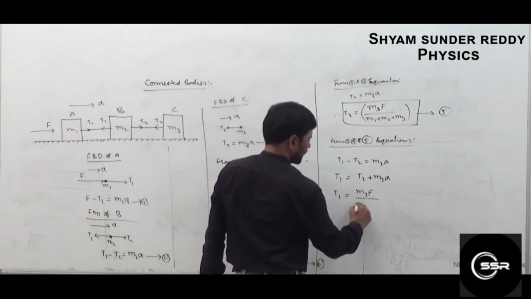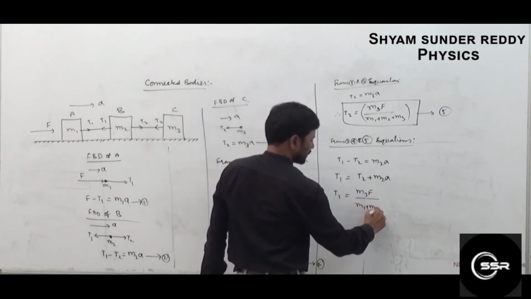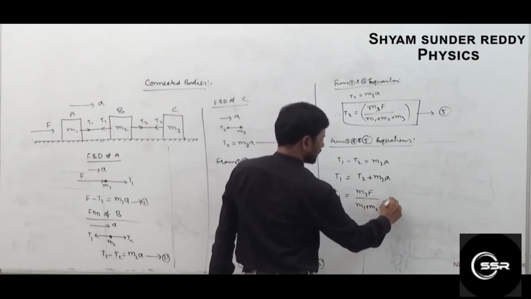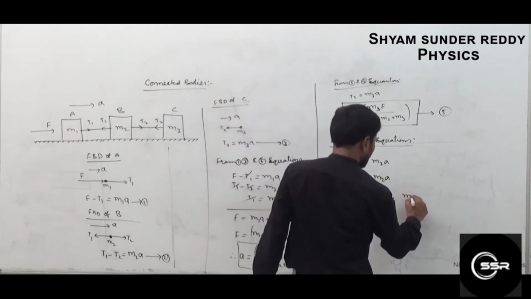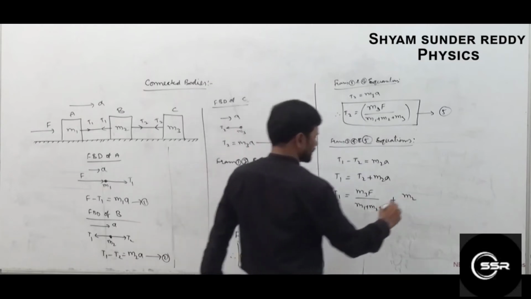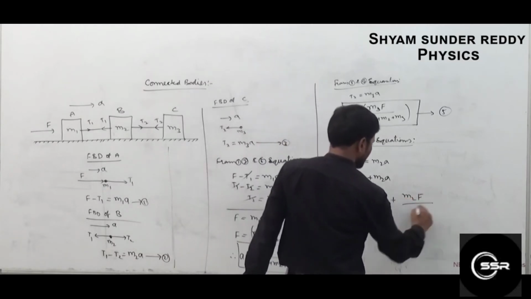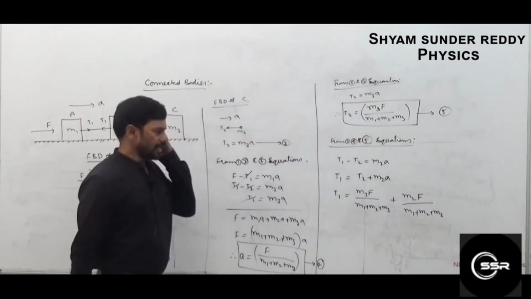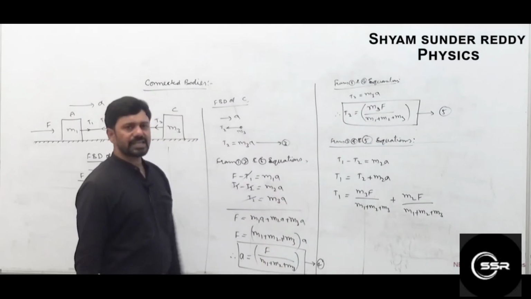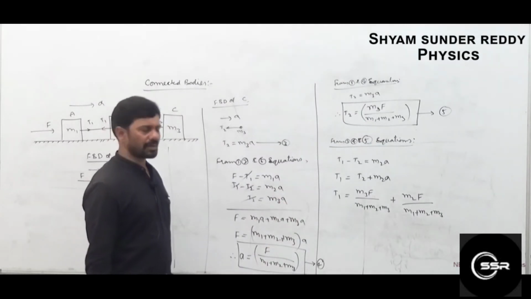M3F by M1 plus M2 plus M3 plus M2A. M2 into A is nothing but F by M1 plus M2 plus M3. In this case, F by M1 plus M2 plus M3 is the common.